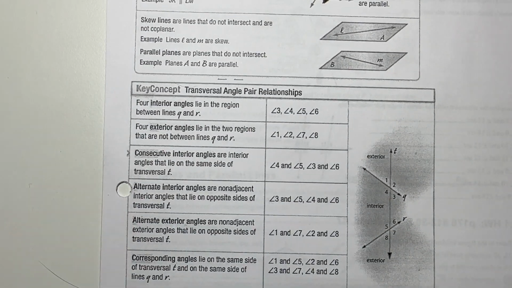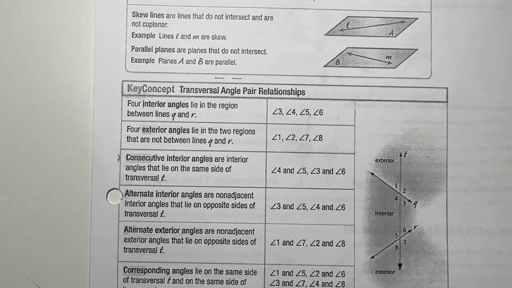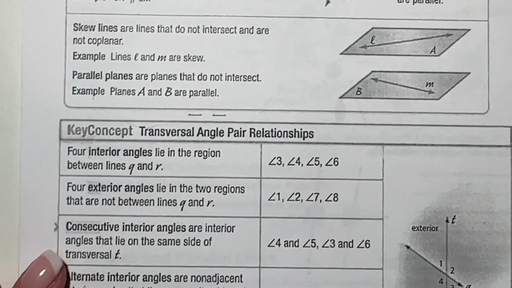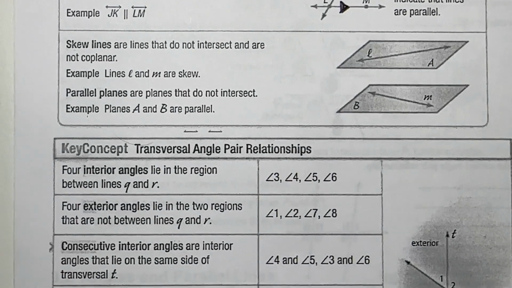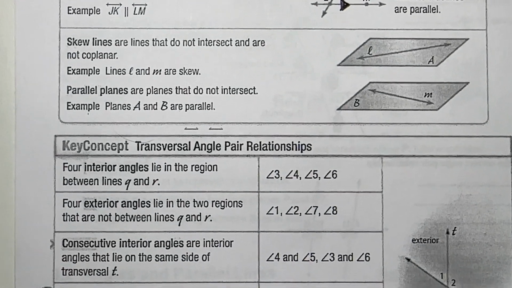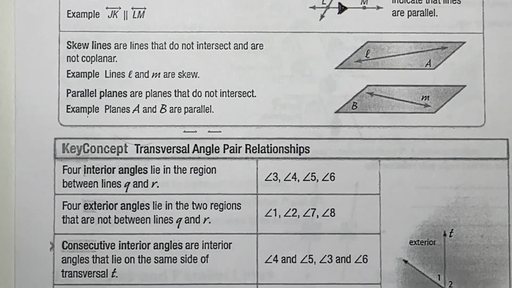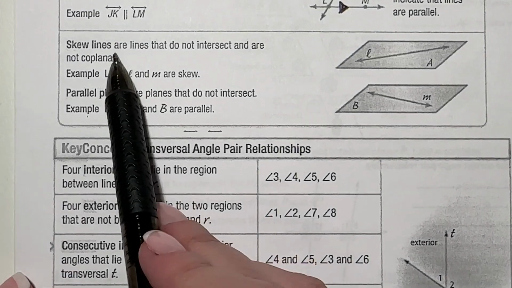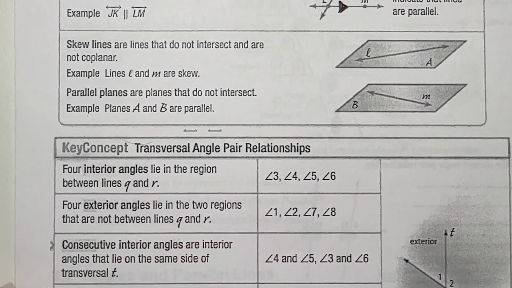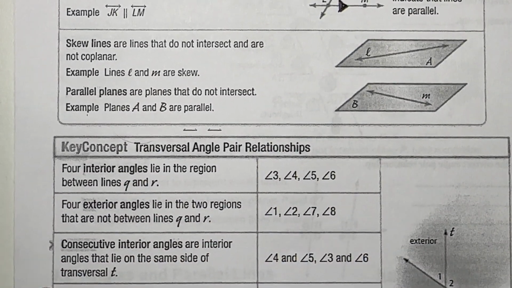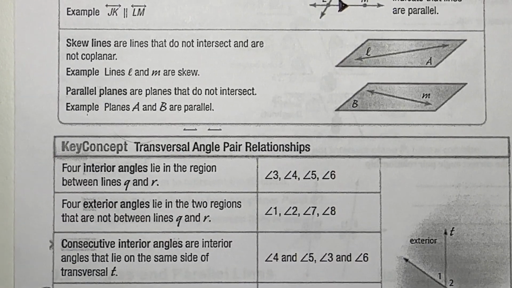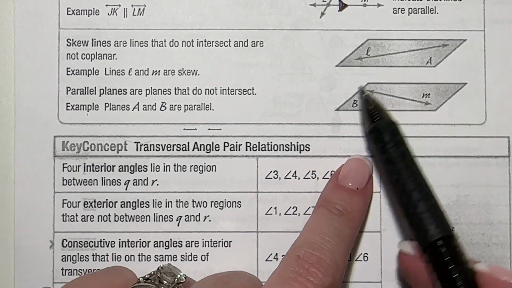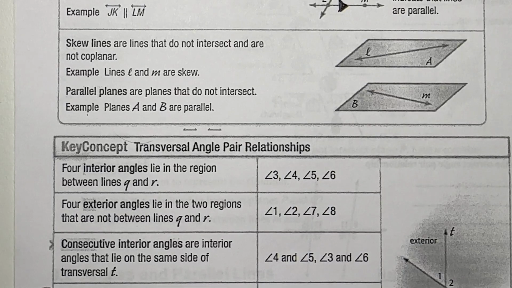Now, let's talk about our skewed lines. So just to remind you, skewed lines do not intersect. They're lines that do not intersect and are not on the same plane. So remember when you were doing that cube on your quiz, remember you had to pick two lines that weren't ever going to touch and they weren't parallel.